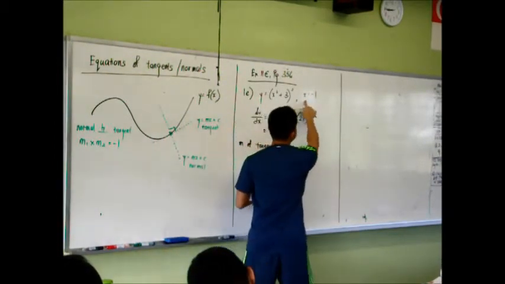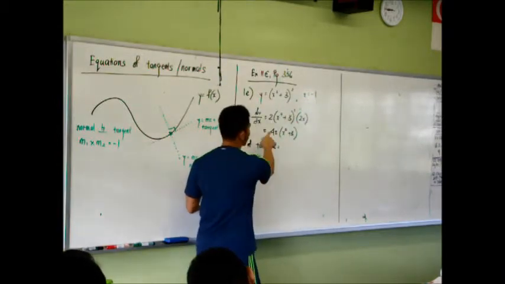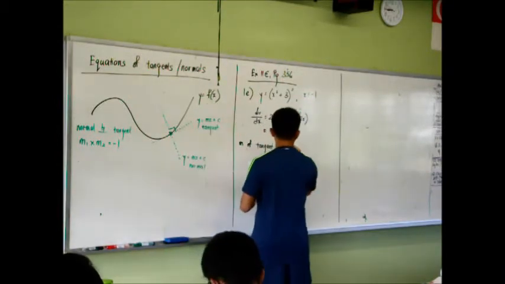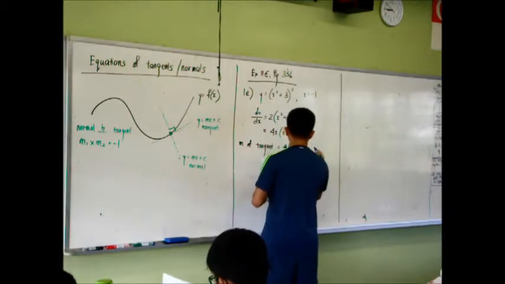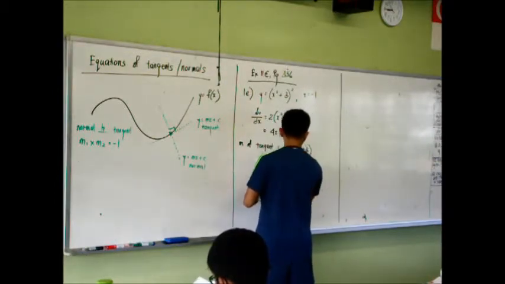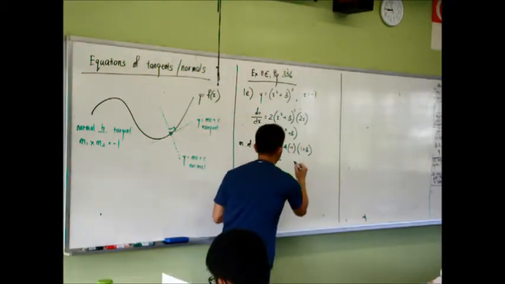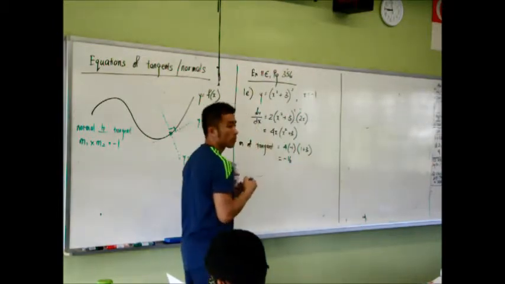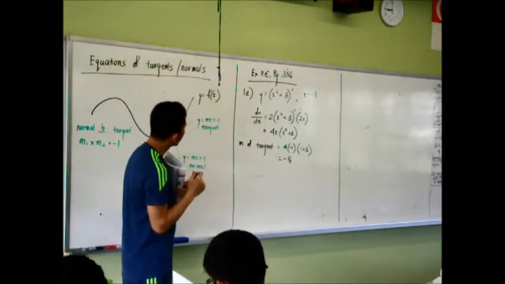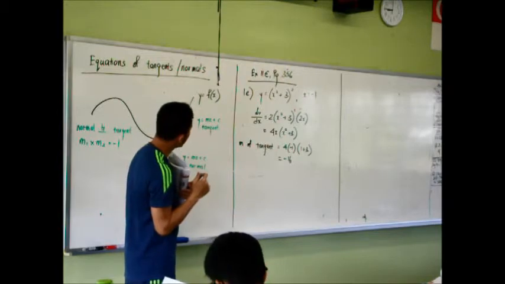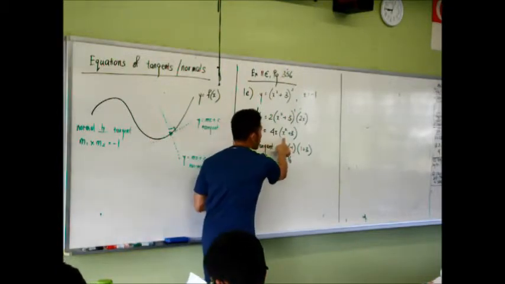So, when x is equal to -1, straight away substitute inside to find the gradient of this tangent. -16. -1 squared is just 1.